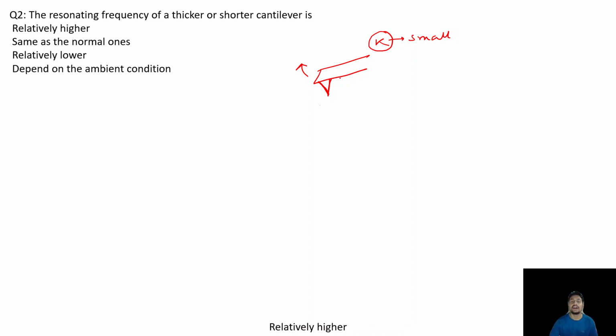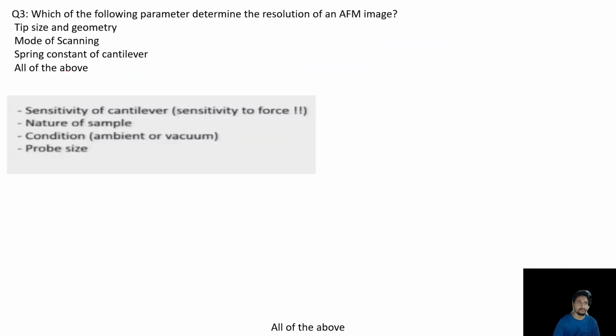Whenever it is high, it cannot. Now, if the cantilever is very thick or very short, obviously it cannot sense the force, and also the frequency is going to be higher. I already discussed this. So this is the answer.